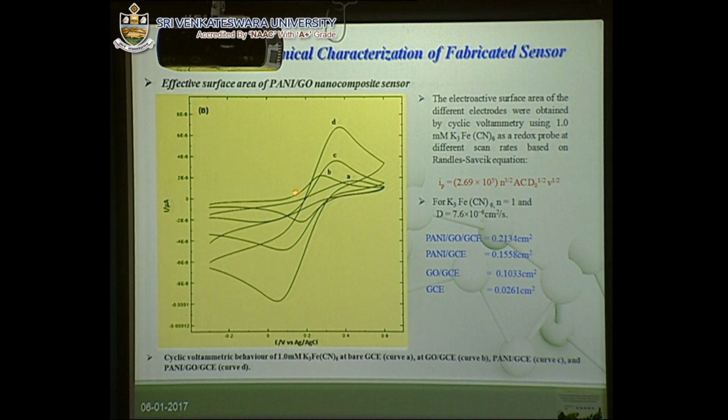In pure potassium ferrocyanide at the bare glassy carbon electrode, the current is very small. But with modification, the current of the potassium ferrocyanide system is increasing, clearly indicating the increased sensitivity of the developed sensor.